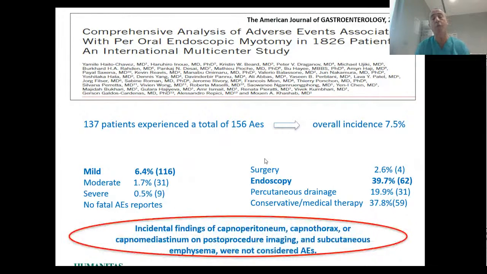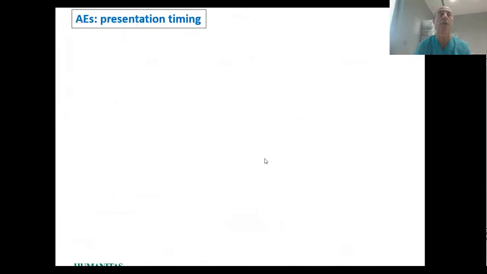Of course, when you do POEM, there may be incidental findings of capnoperitoneum or capnothorax or capnomediastinum, but these are not complications really. It's a physiologic, I would say, exposure of CO2 to the peritoneum or thorax or mediastinum.